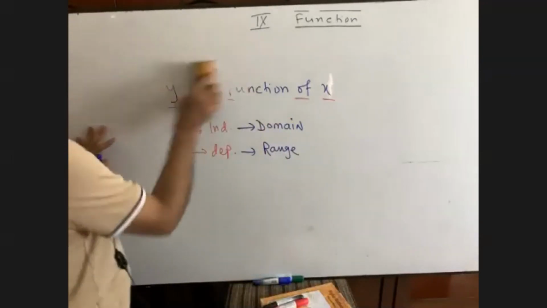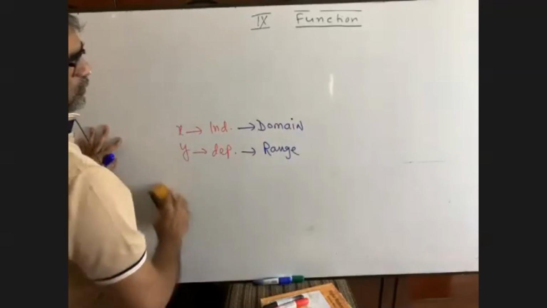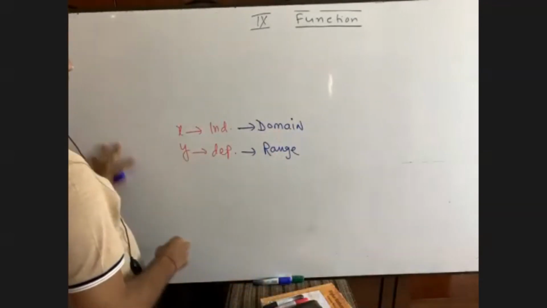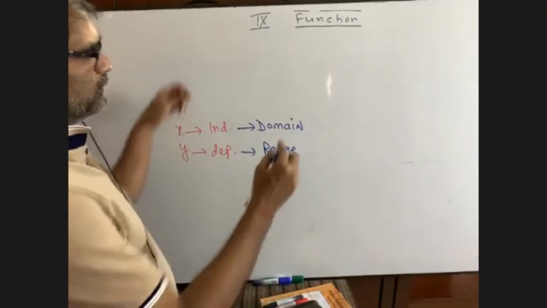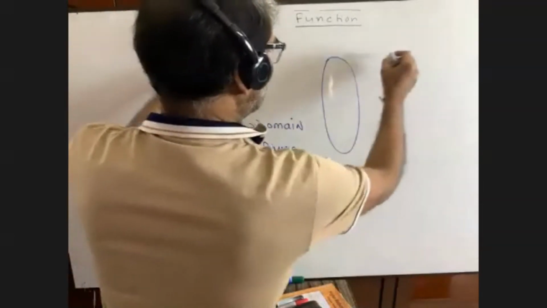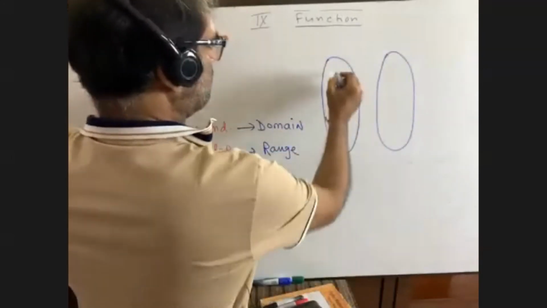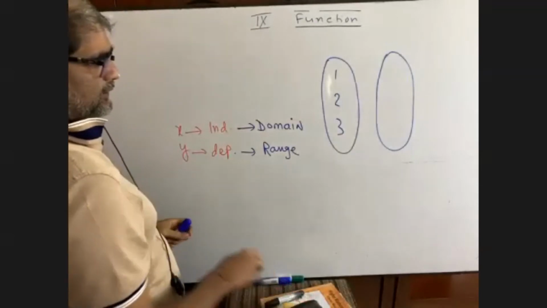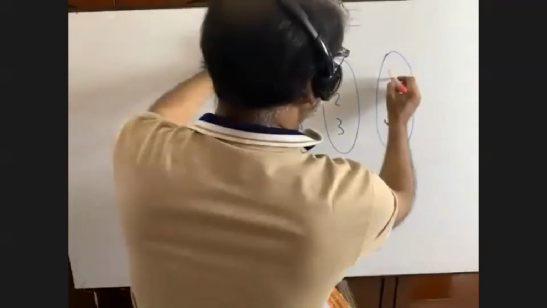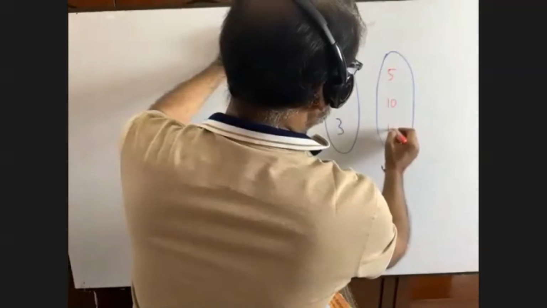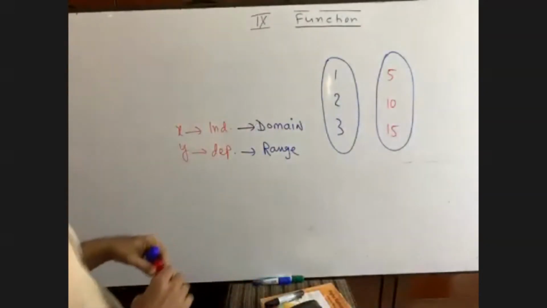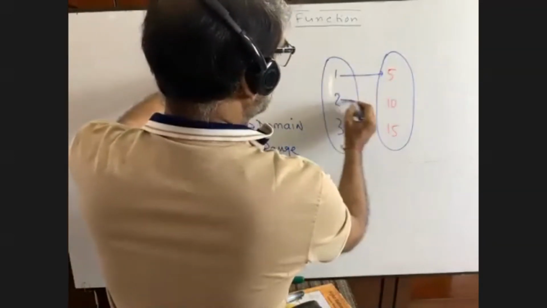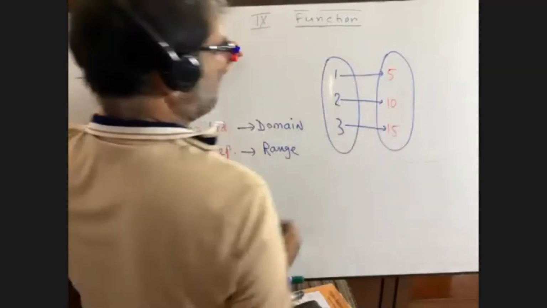Now, what is domain? Domain means what? Range means what? Suppose this is 1, 2, 3. Okay, this is 5, 10, 15. Here, for 1 it is 5, for 2 it is 10, for 3 it is 15.